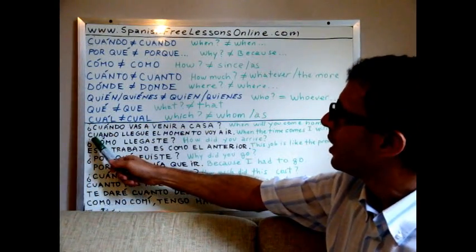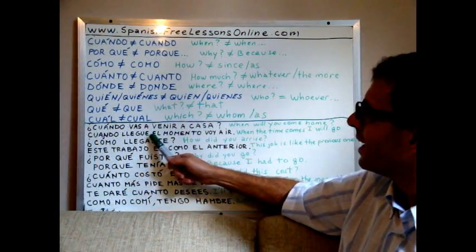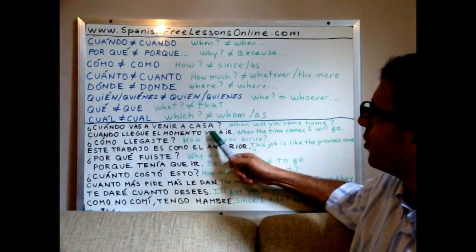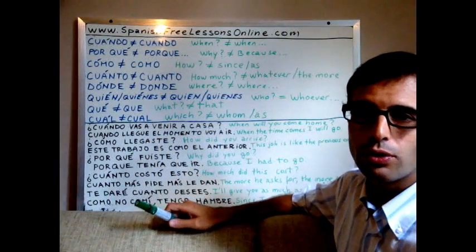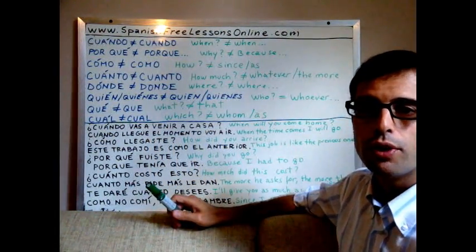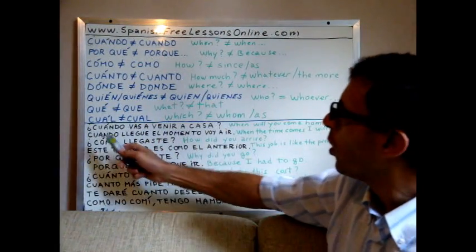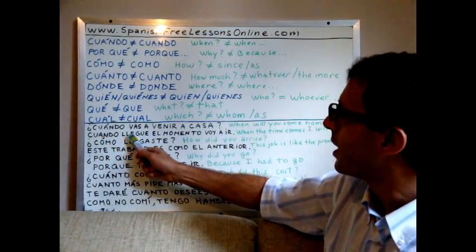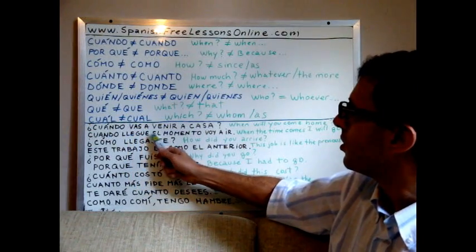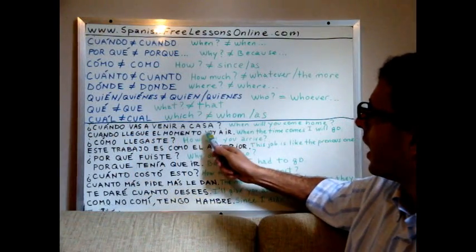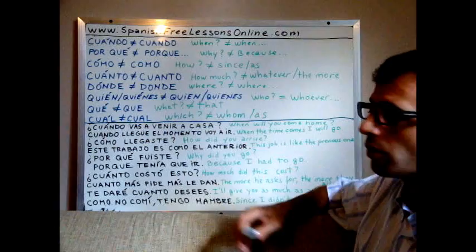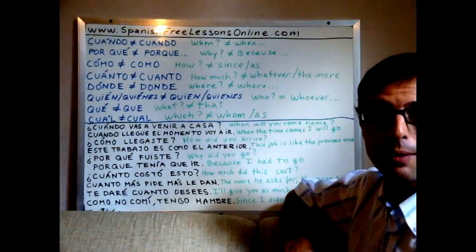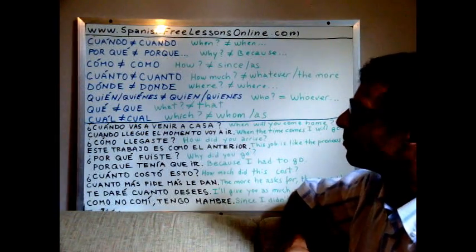So we will say, cuando llegue el momento, voy a ir. Cuando llegue el momento, voy a ir. This means, when the moment comes or arrives, I will go. So when the time comes, I will go.